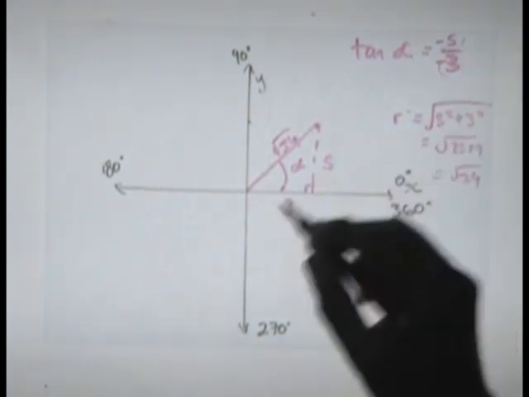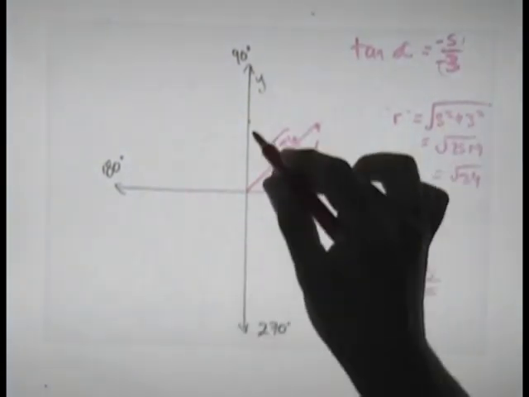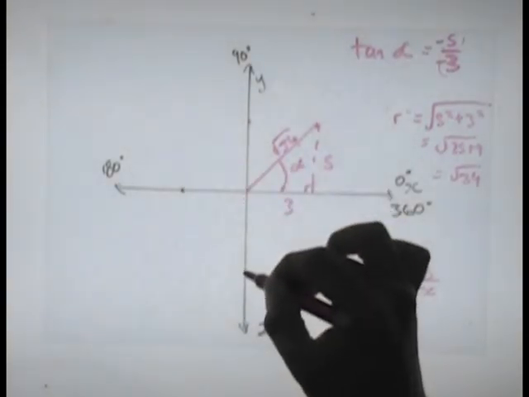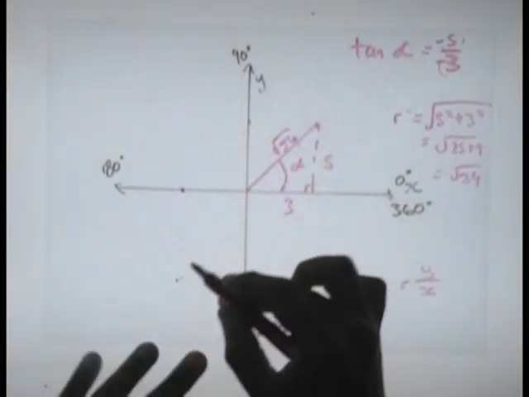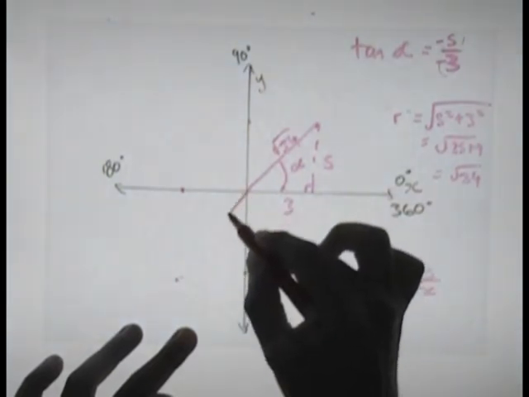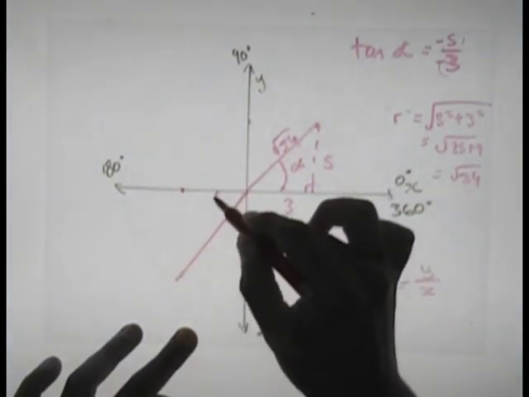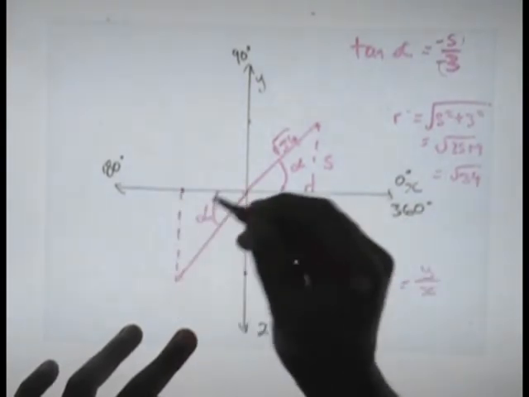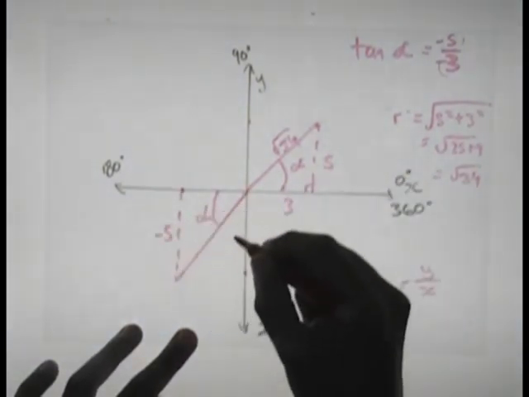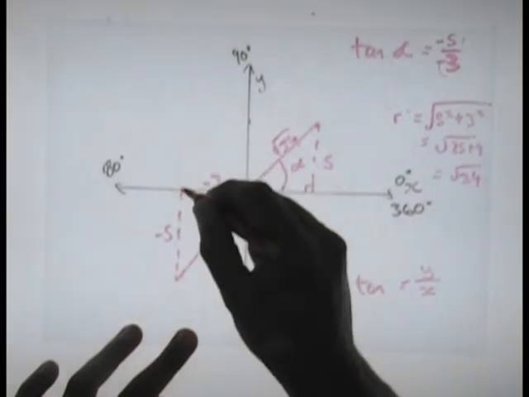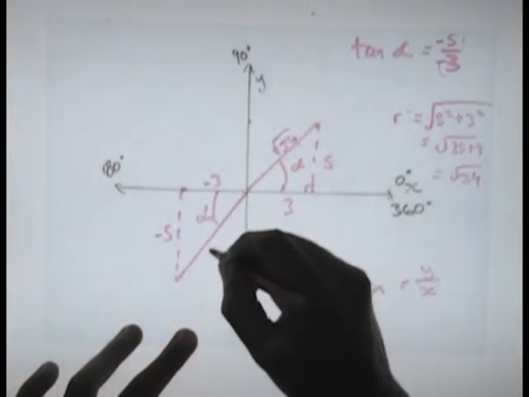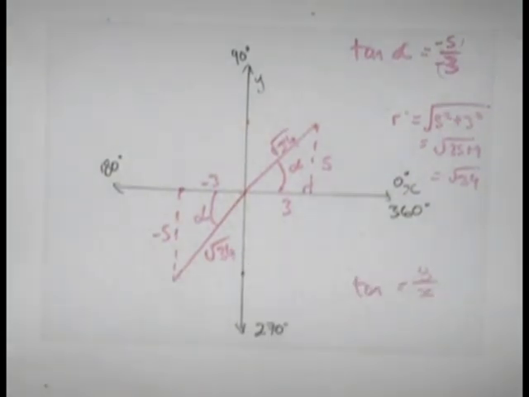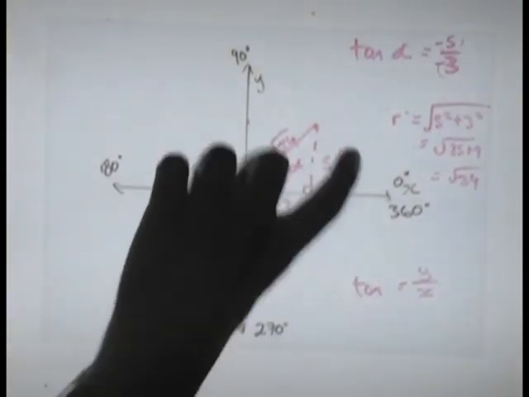So alpha could also come where x is equal to negative 3 and y is equal to negative 5, which means that alpha could also be somewhere over here. That's alpha, where y is equal to negative 5 and x is equal to negative 3. R again will equal root 34. So there are two possible alphas.